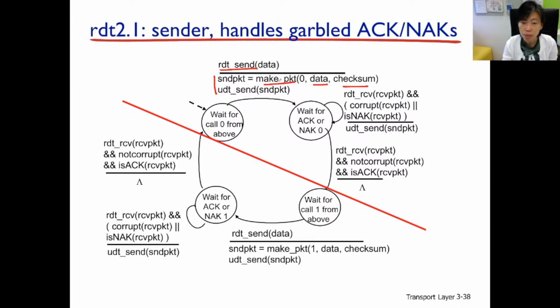The new thing we add here is a sequence number in the packet we're creating. So the send packet now contains not just data and checksum, but also a sequence number. And as usual, we send it out through the network layer, calling UDT send at the transport layer.